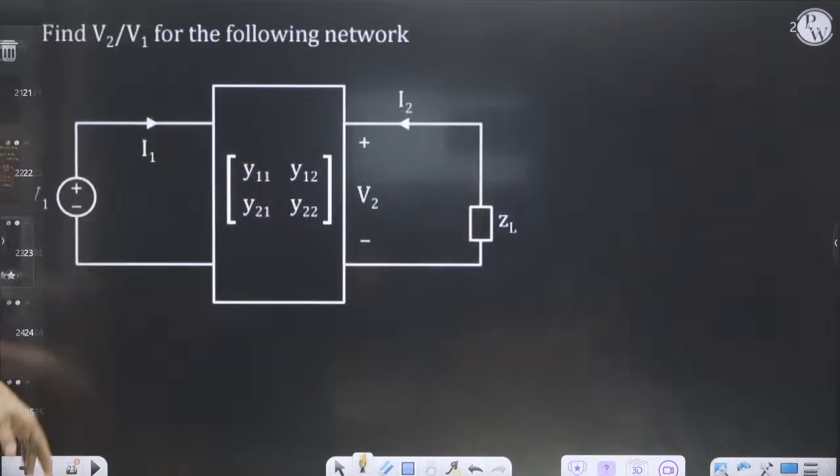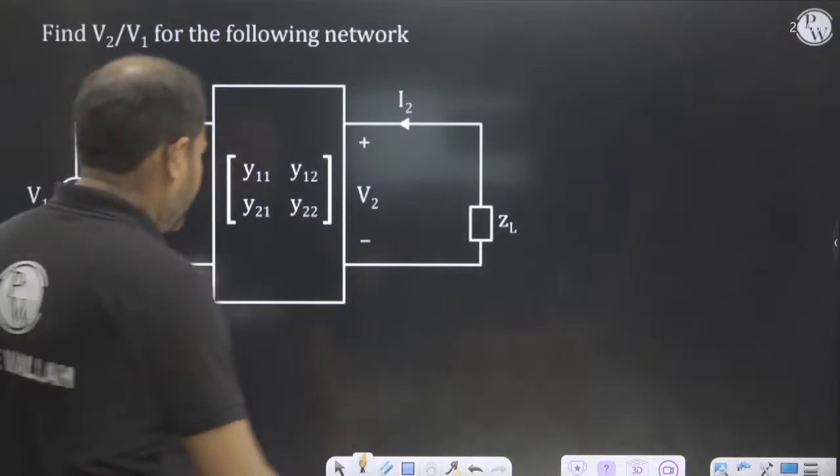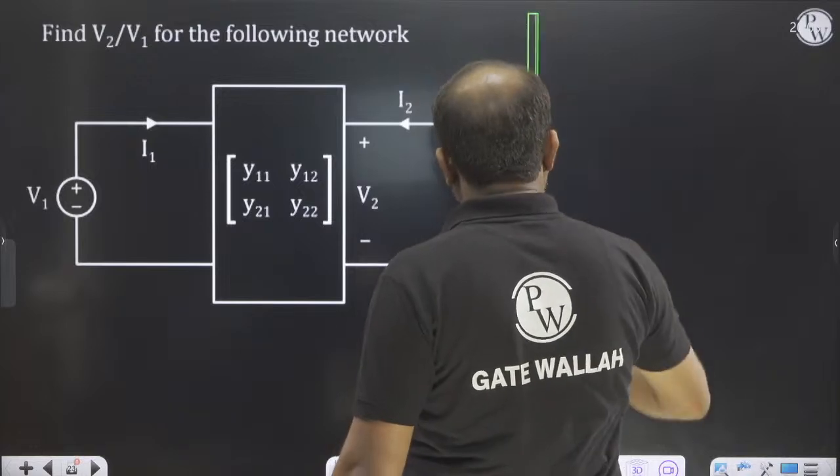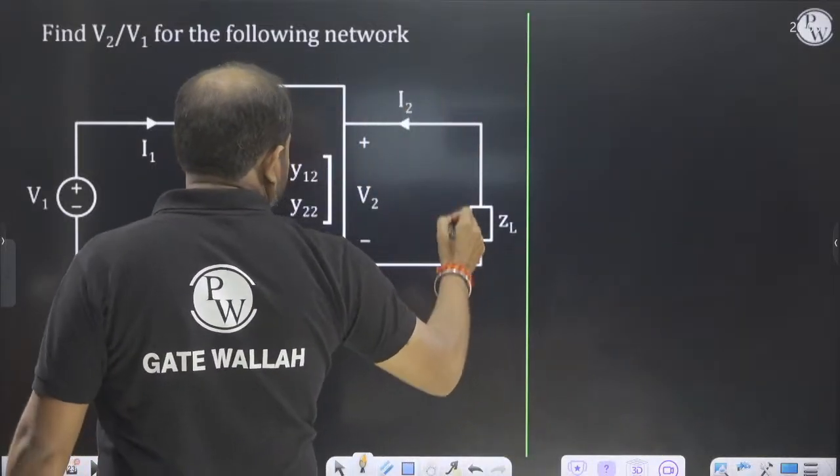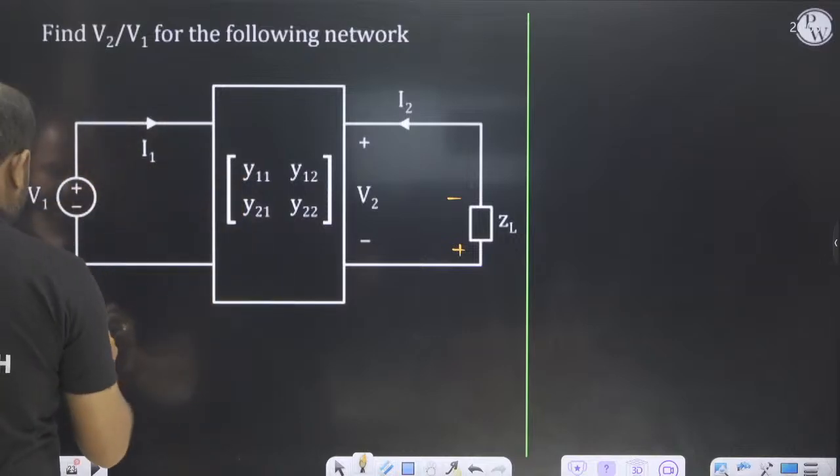This is the second question they will ask. We will do many questions, but right now we are doing only some selected questions. What are they asking? V2 by V1. First of all, I will apply the Y parameter.